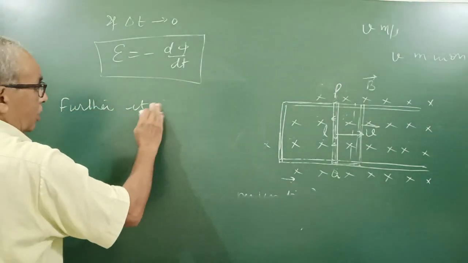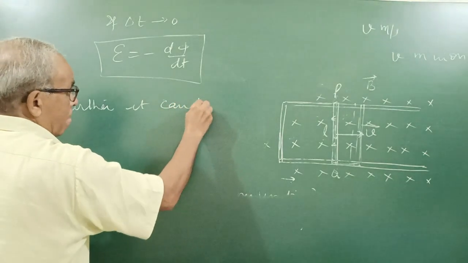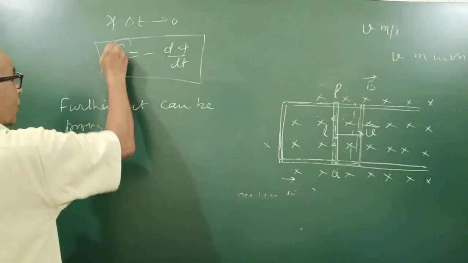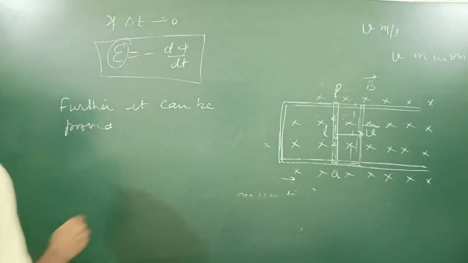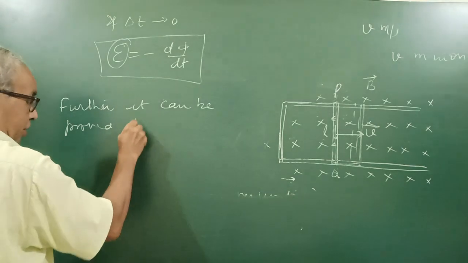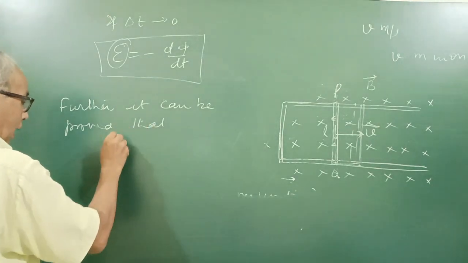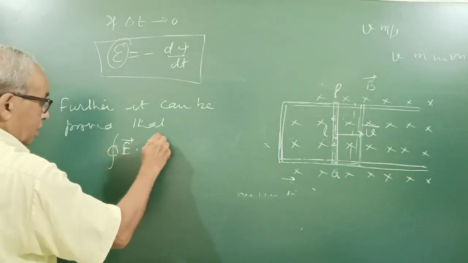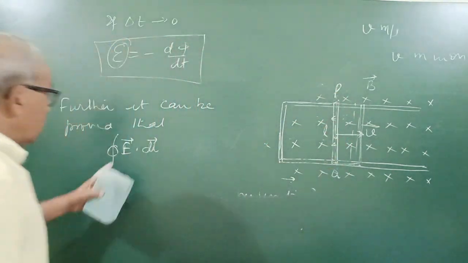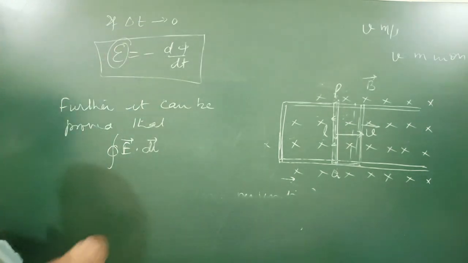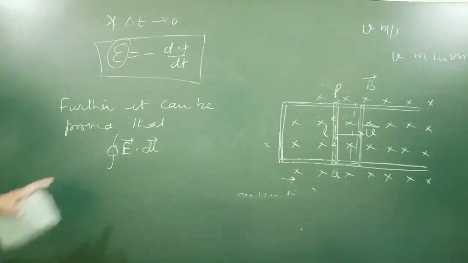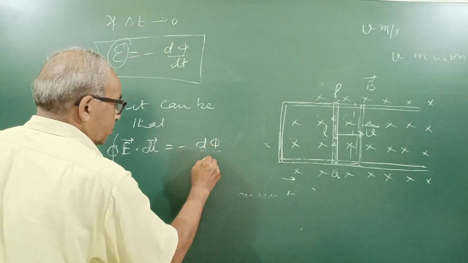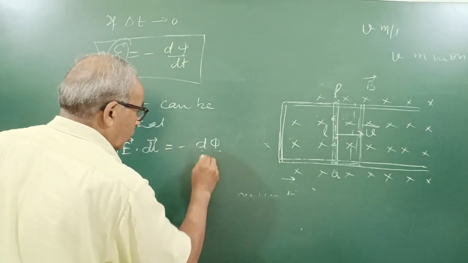This potential difference is V into L. It can be proved that the line integration of this electric field, E dot dl, is this. The line integral of the electric field here is equal to minus d phi over dt.